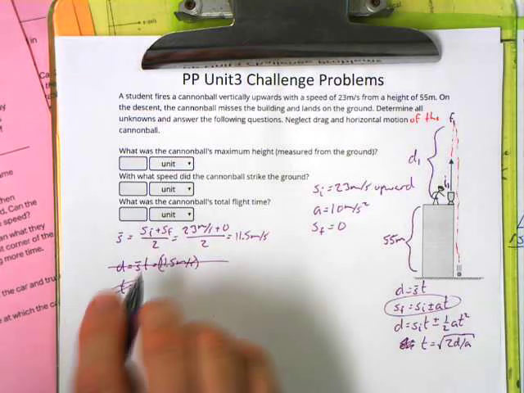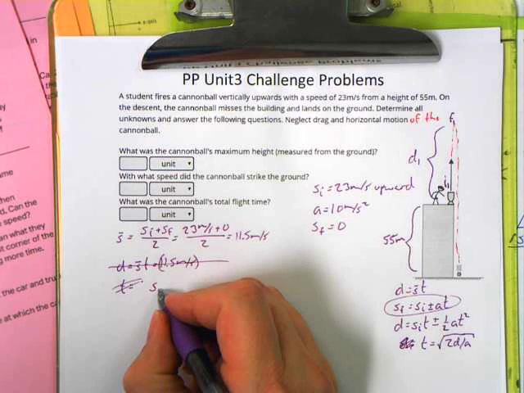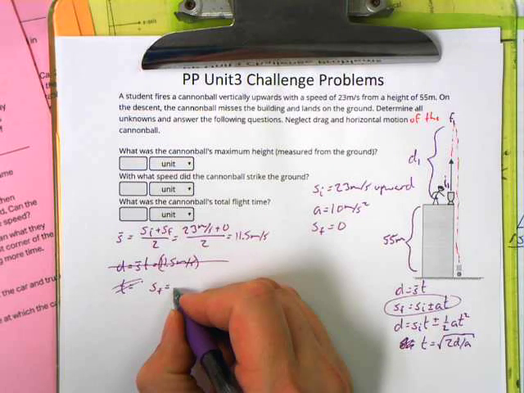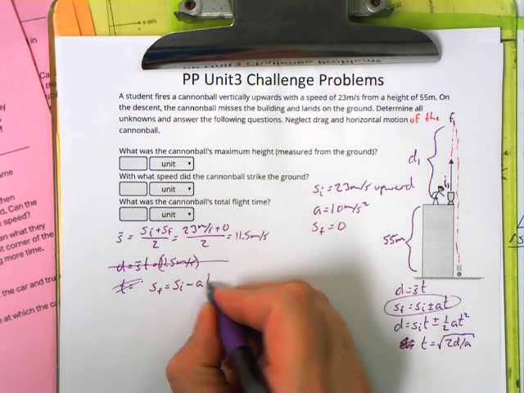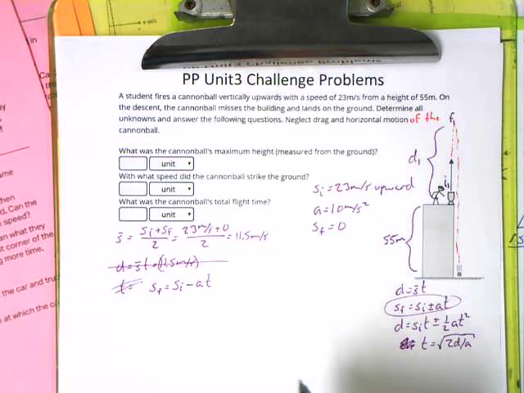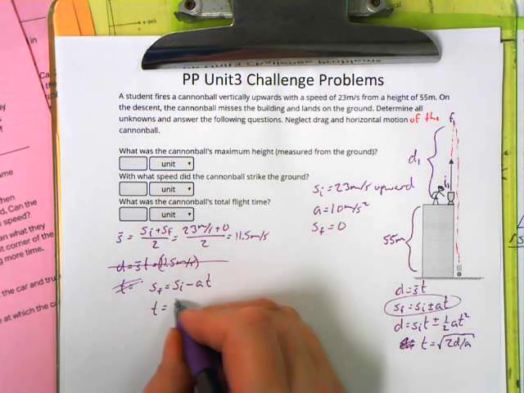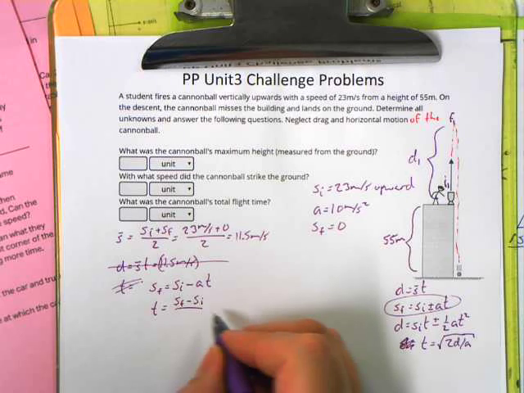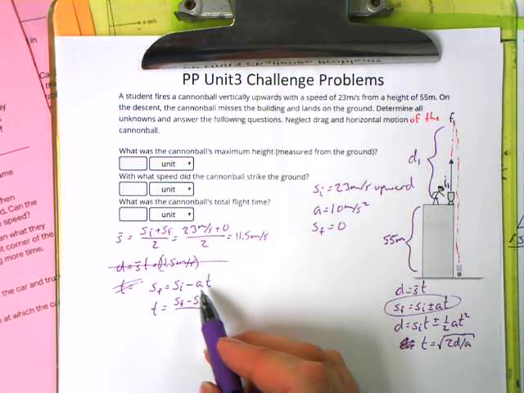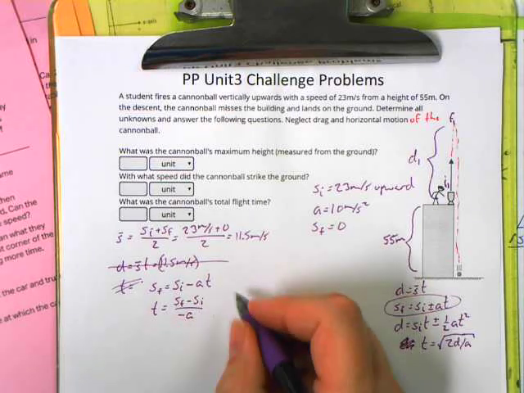Okay. So, that expression, since we are slowing down, final speed is equal to the initial speed minus the acceleration rate multiplied by time. Therefore, to solve this for time, I have final speed minus initial speed divided by negative a.